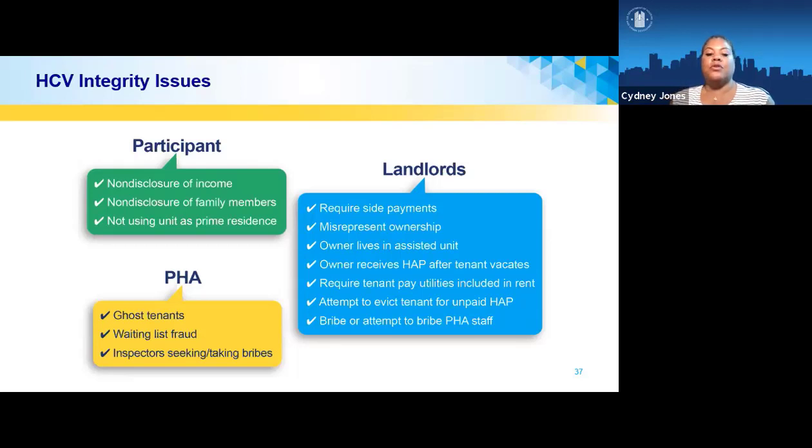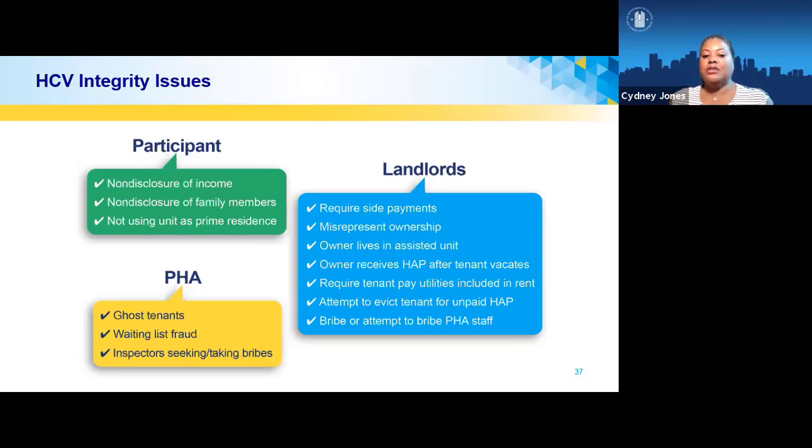If they don't disclose the correct income, misrepresent the number of family members living with them, or don't live full-time in the unit and are subletting it, as some families did on Airbnb in a public housing unit near the beach, those are all integrity issues and they're not allowed in the program. So we want to make sure that families are disclosing their income, disclosing who's living in the property, and using the property as their prime and only residence.